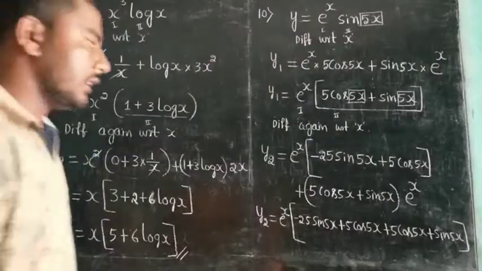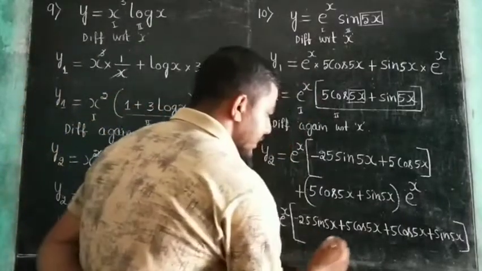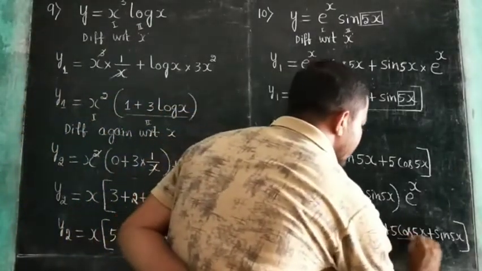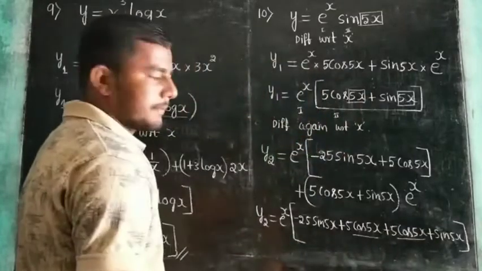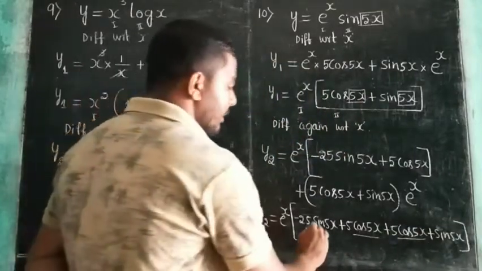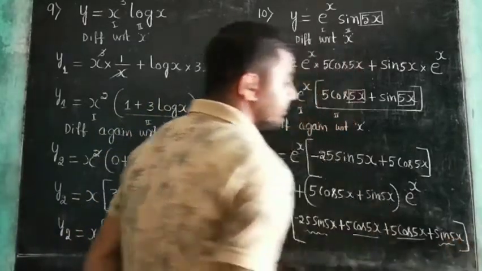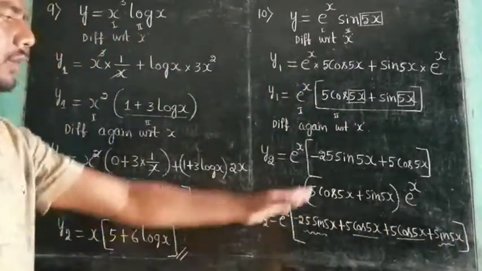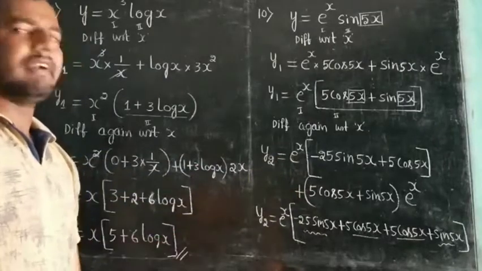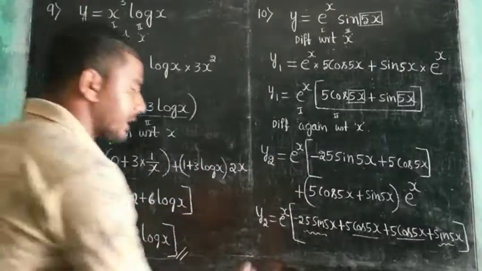So combine each term: 5 cos 5x and 5 cos 5x is 10 cos 5x, and then minus 25 sin 5x plus 1 sin 5x, where you subtract 25 sin 5x from 1 sin 5x.